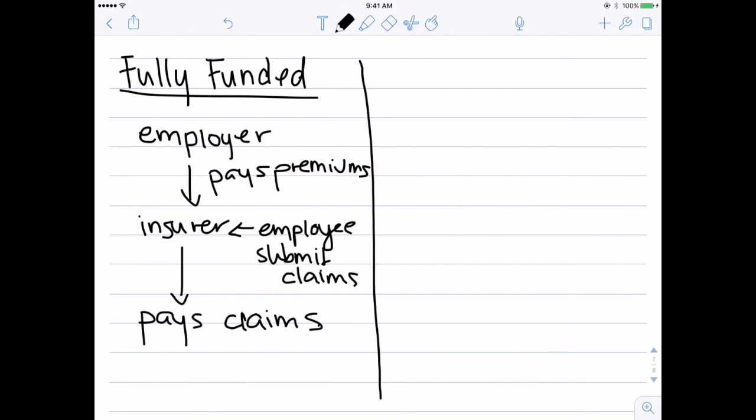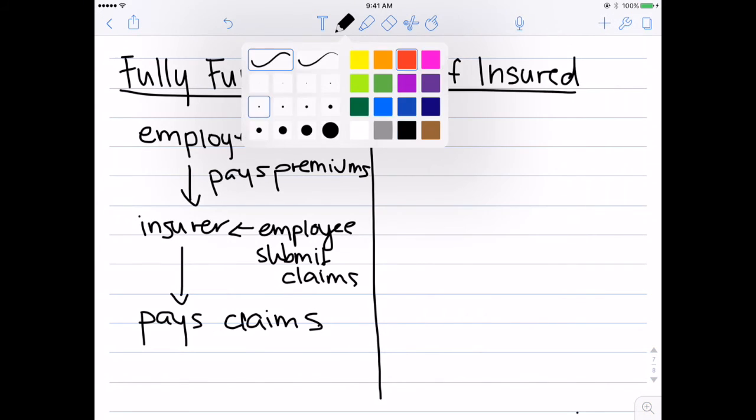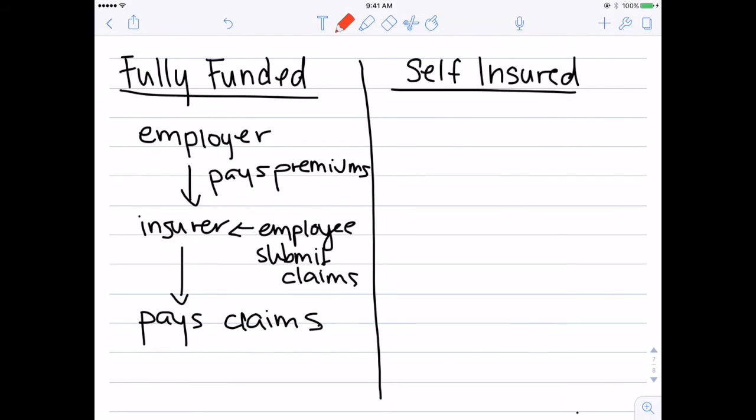What if we put in place a plan where we're going to take on that risk? Well, it's possible. We can have what's called a self-insured plan. Now, in reality, almost nobody calls this a self-insured plan.